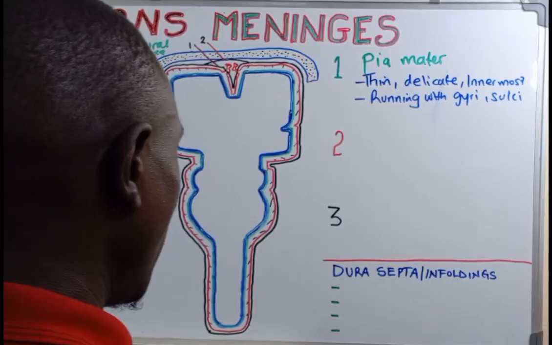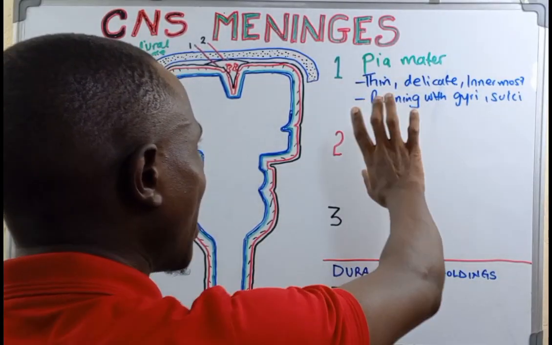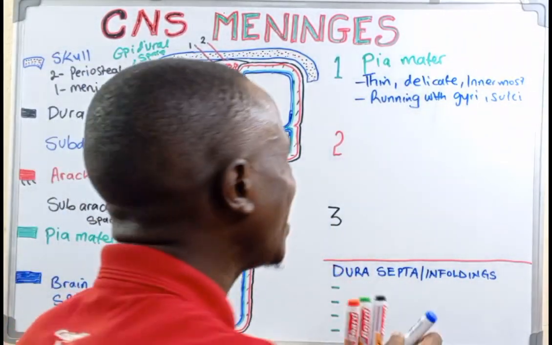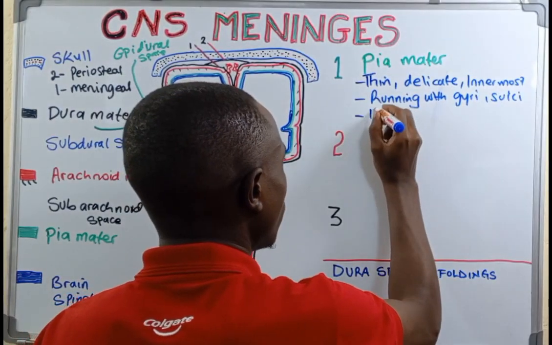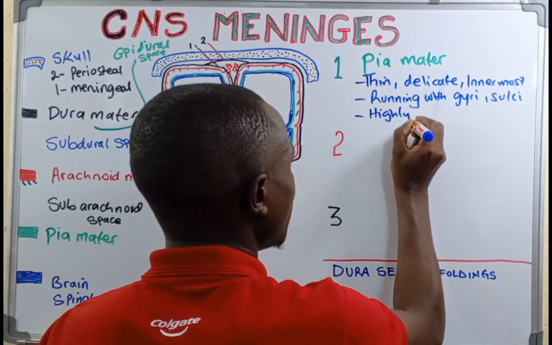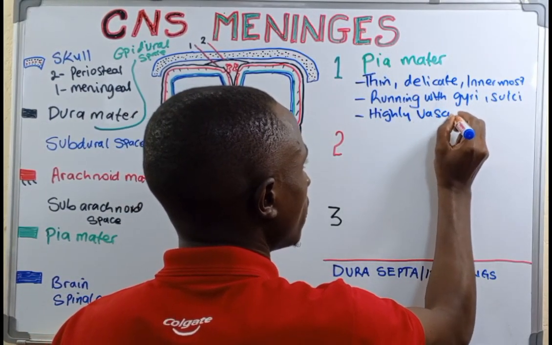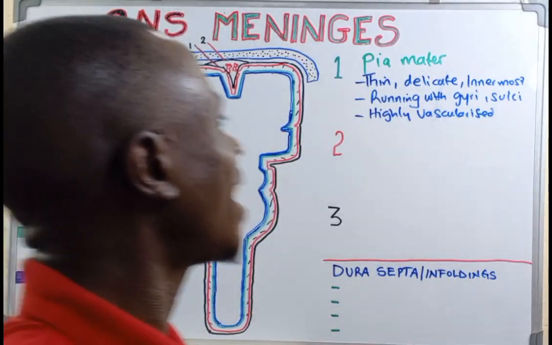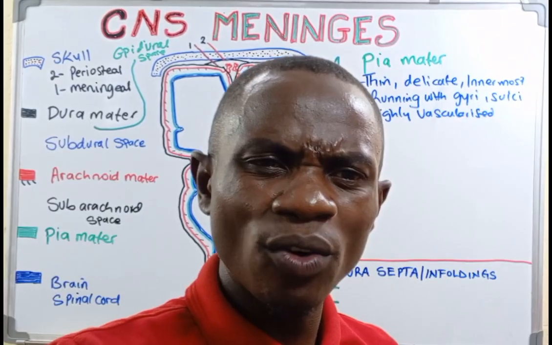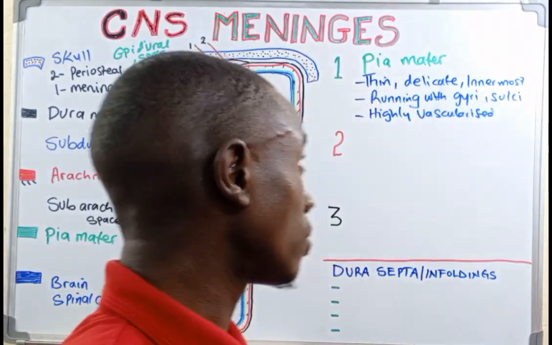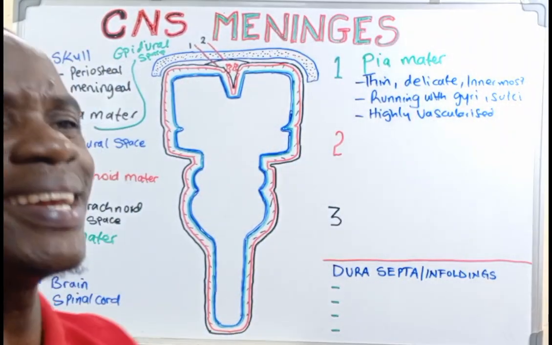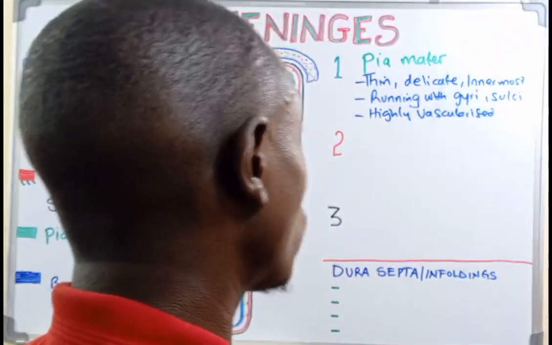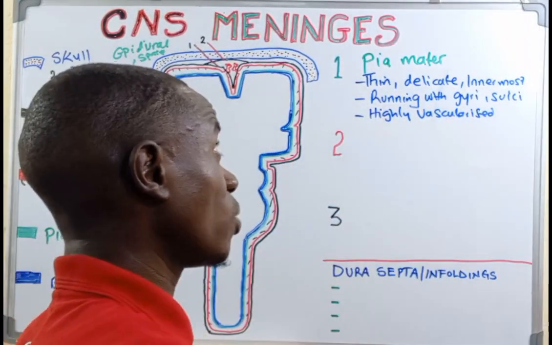Okay, and then another important feature of the pia matter is that it is highly vascularized. Because of being highly vascularized, it is one of the nourishing components of the brain and even the spinal cord, because we have a lot of blood vessels within the pia matter.